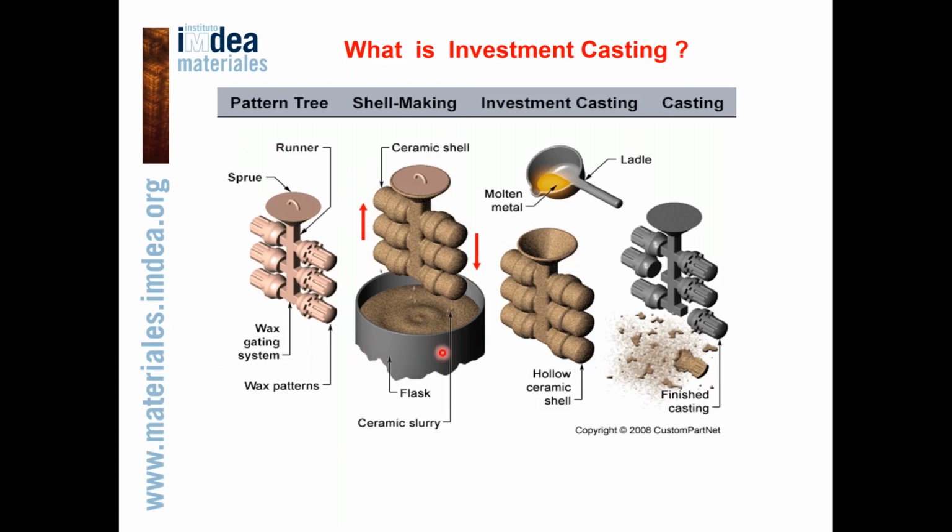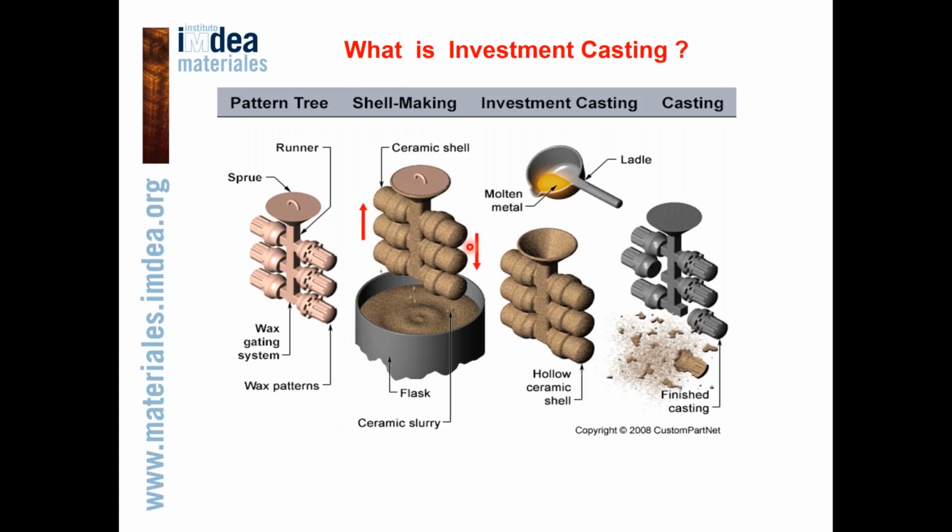And now this tree is dipped in a ceramic slurry. So a ceramic layer is obtained over the surface of the pattern, and then this pattern is repeatedly dipped into the slurry to increase the thickness of the ceramic coat.